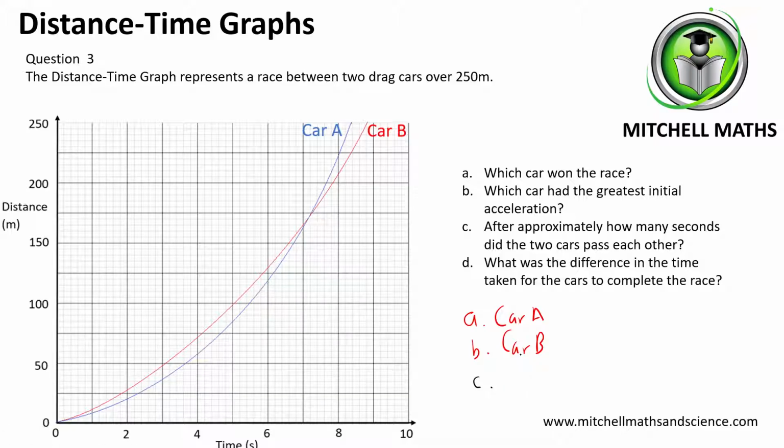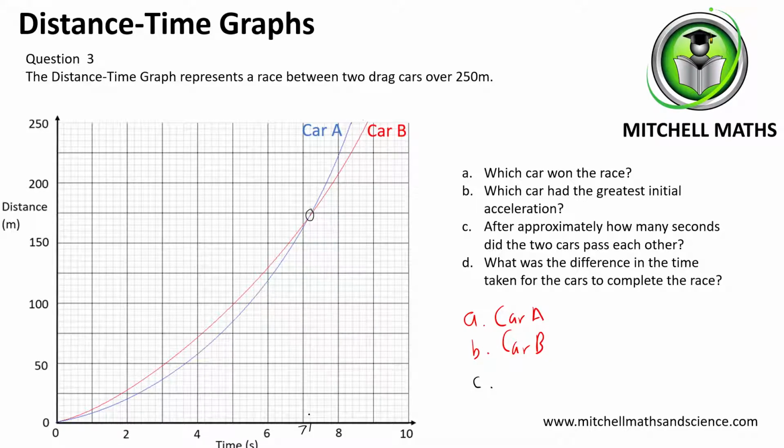Part C, after approximately how many seconds did the 2 cars pass each other? So this is where it intersects. If we look at the point of intersection, it's around this point. There'll probably be a bit of leeway here. So if we read down to this point here, we know that halfway between 6 and 8 is 7.